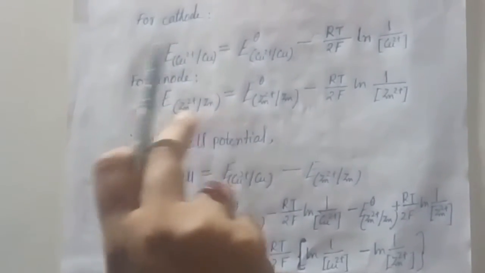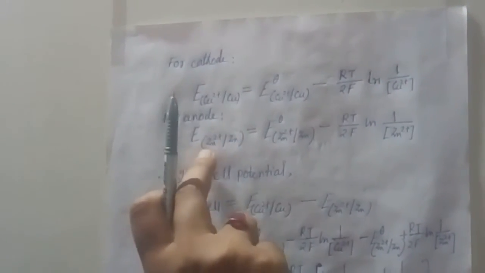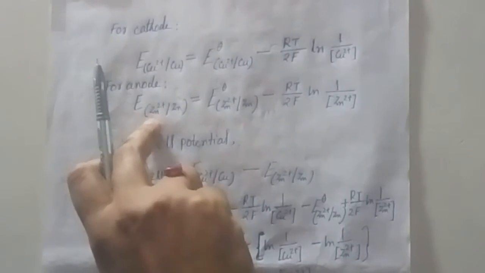For the reduction of zinc ion to zinc, the electrode potential for the zinc electrode will be equal to the standard electrode potential of the zinc electrode minus RT/2F ln of 1 by concentration of zinc 2+. Now you see that at the anode actually oxidation is taking place, but we are to consider the reduction reaction here. That's why we are writing zinc 2+ is reduced to zinc.